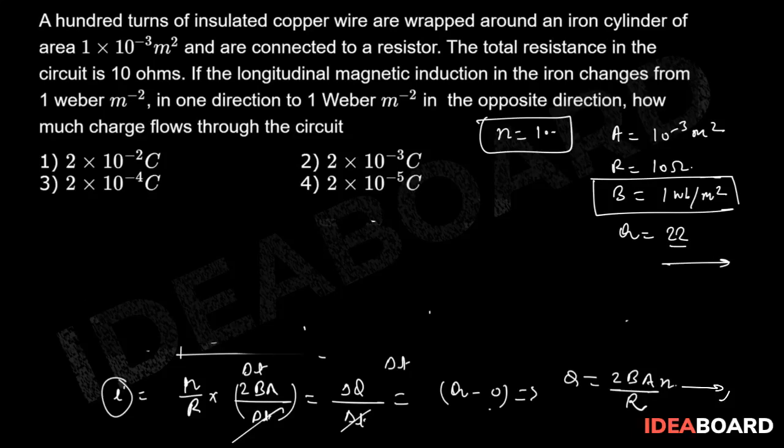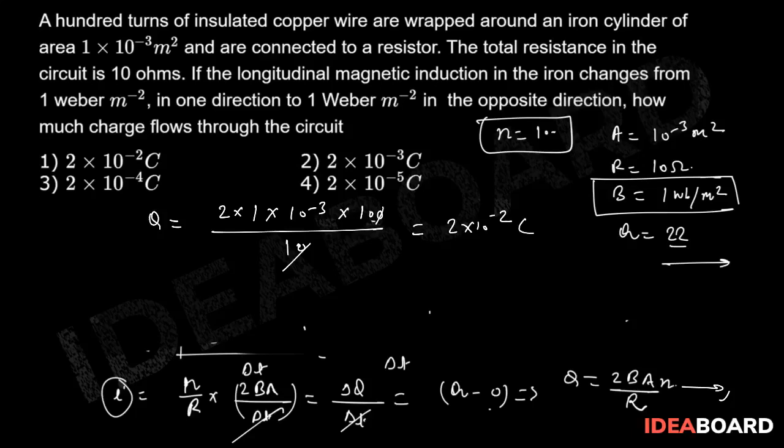So Q will be equal to 2 into B, where B is equal to 1, into area of cross section 10 to the power minus 3, into n is 100, divided by R, which is 10 ohms. So the 10 cancels out, and we get 2 into 10 to the power minus 2 coulomb. So finally the total charge which will flow in the given time is 2 into 10 to the power minus 2 coulomb.